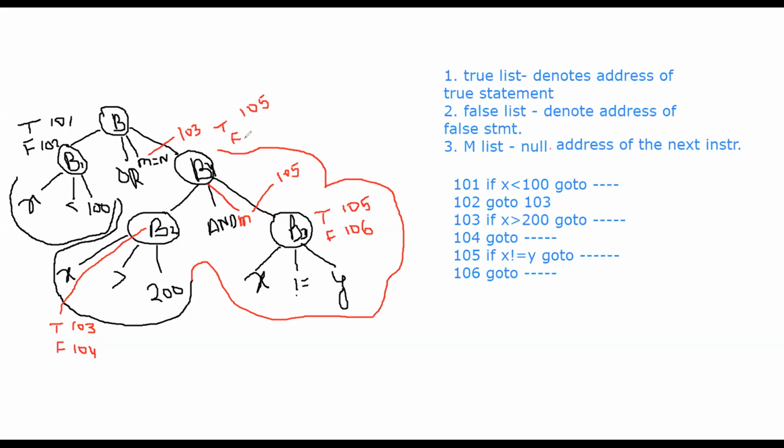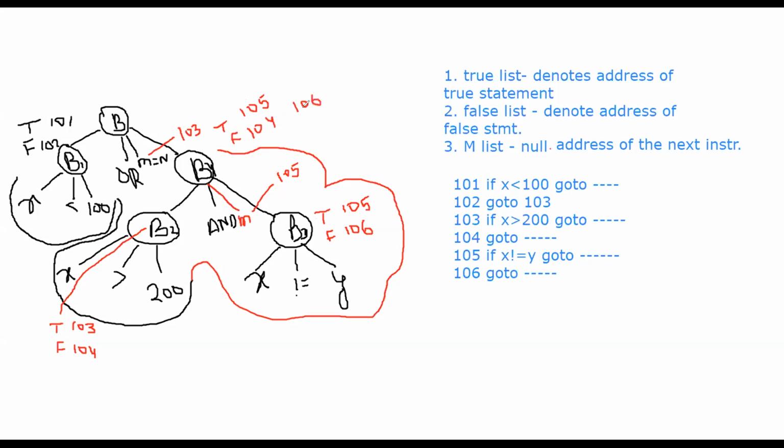And what will the false list of the B4 node contain? This particular reduction will contain the false list of B2 union the false list of B3. Which means it will contain 104 and 106.